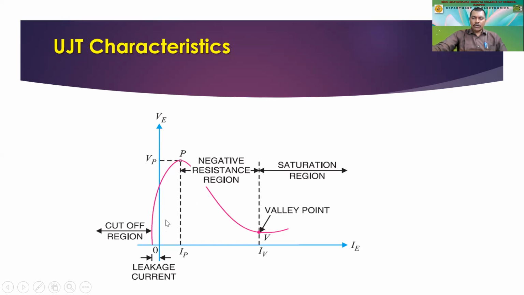This region we call the negative resistance region, and this point is called the valley point, where we have the cutoff voltage as well as the cutoff current. Okay, to conduct, the transistor should be in the active region, so in this region above this, it is supposed to act in the active region.